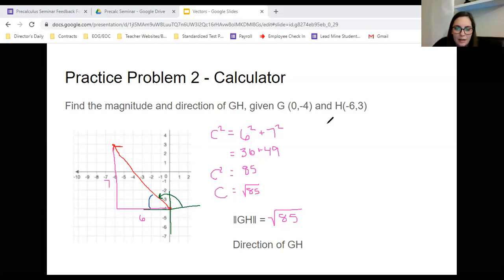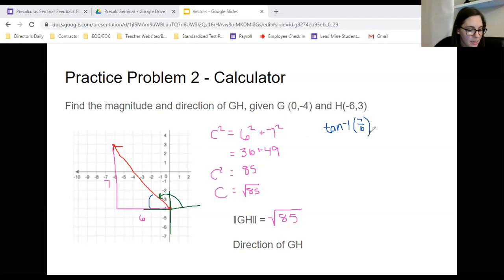So we'll go ahead and find the blue angle. So I'll say tangent inverse, that's a big one, of opposite over hypotenuse. So it's going to be 7 over 6. I plug that into my calculator.